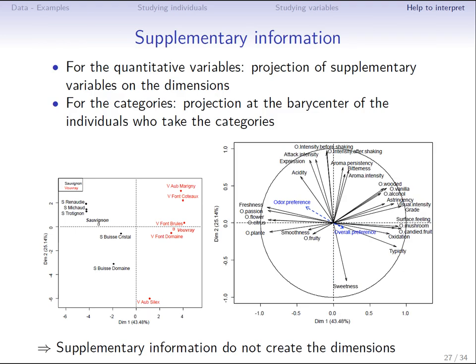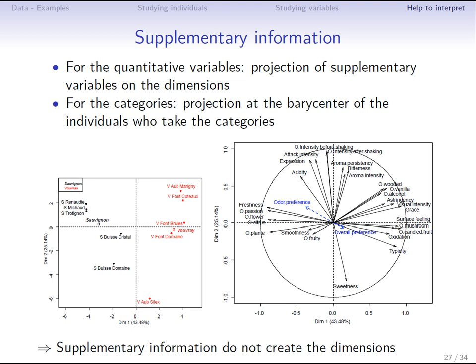Here are other helps to interpret the results if there are supplementary variables or supplementary individuals. By definition, active elements contribute to the construction of the principal components, contrary to supplementary elements. Thus, the variance of the cloud of individuals is calculated on the basis of active individuals, and similarly, the inertia of the cloud of variables is calculated on the basis of active variables.